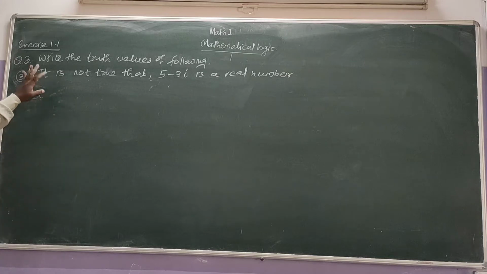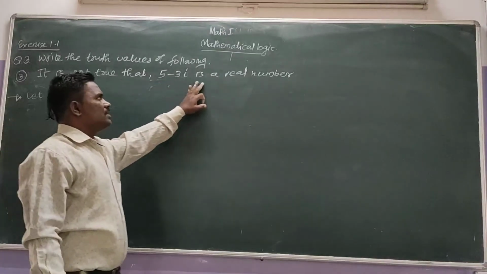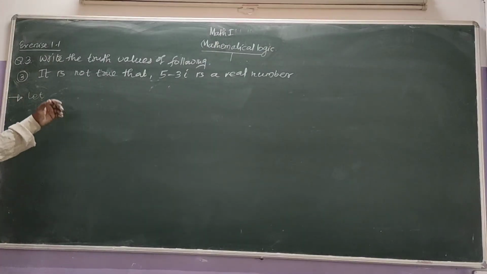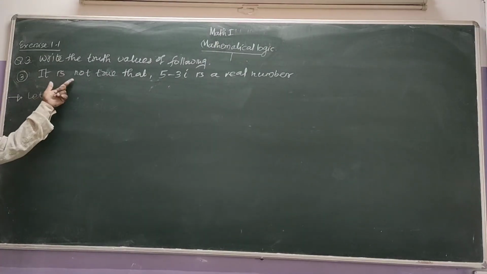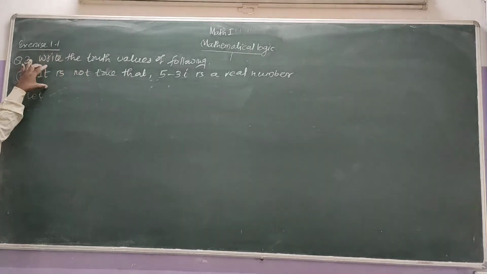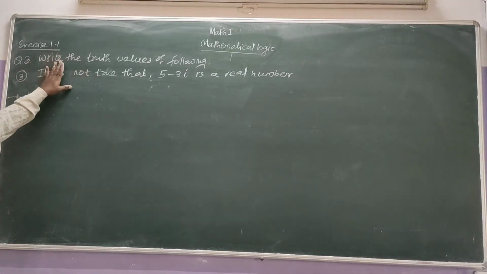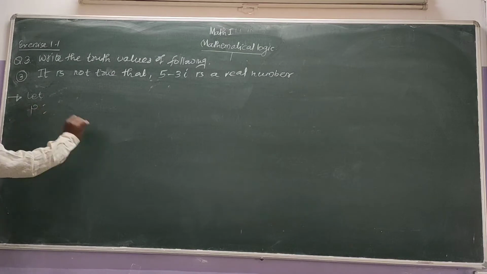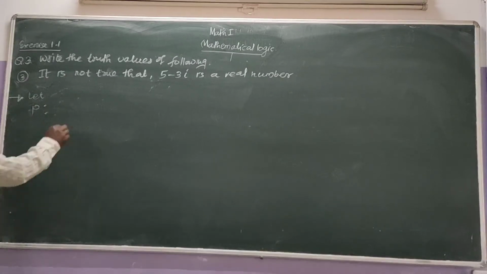Therefore, in that compound statement, 5 minus 3i is a real number, that is the simple statement. And firstly, here the phrase comes, that is, "it is not true that", and this phrase is used in negation. Therefore, firstly I can write here the simple statement p.